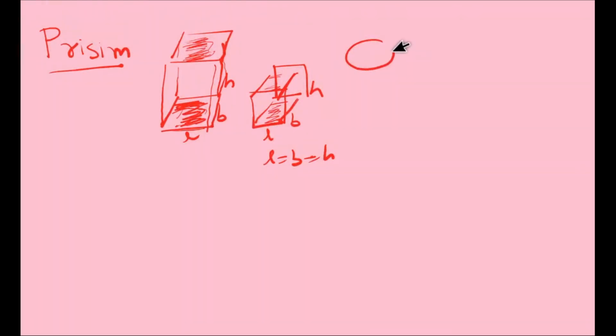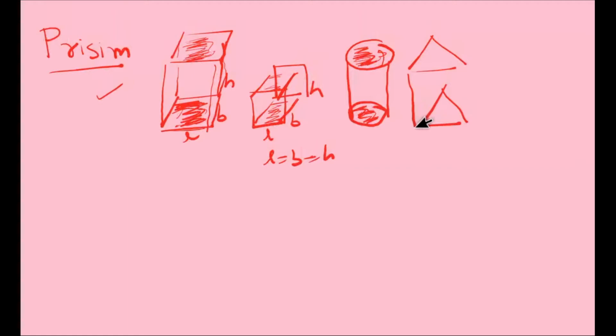Now here is a cylinder. Here the base area is a circle and the above area is also the same as this base. Okay, so this type of all shapes are known as prism. Now let the base be a triangle and top is also a triangle, then using this shape, this is also a prism. Let the shape be a hexagon.